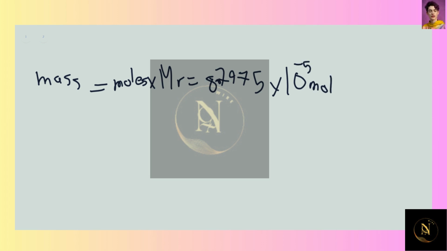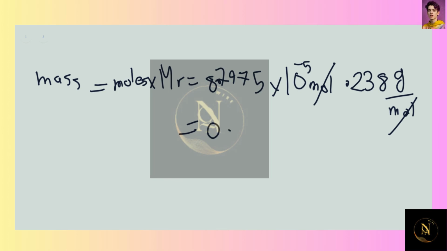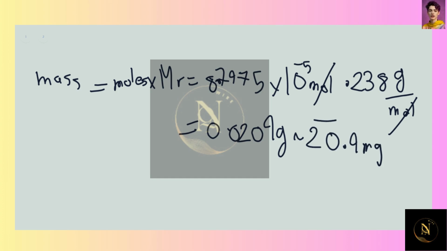And then my molecular weight is basically 238 grams per mole. These cancel out, and what I would get is 0.0209 grams, which is equivalent almost to 20.9 milligrams.